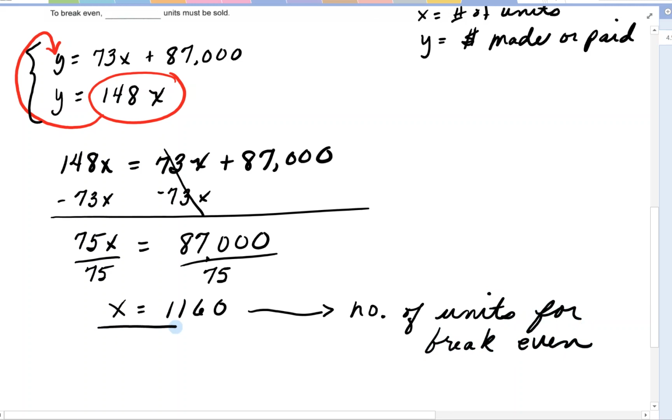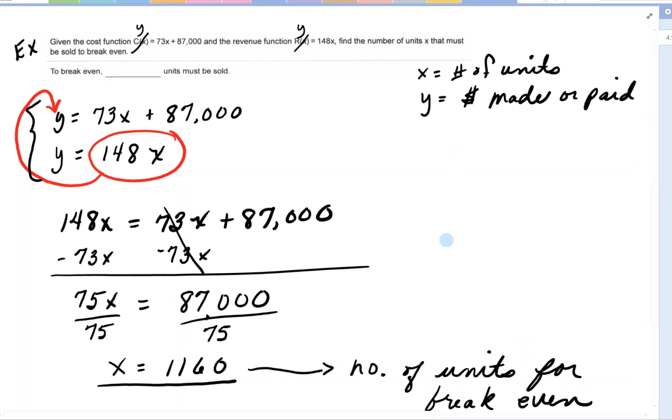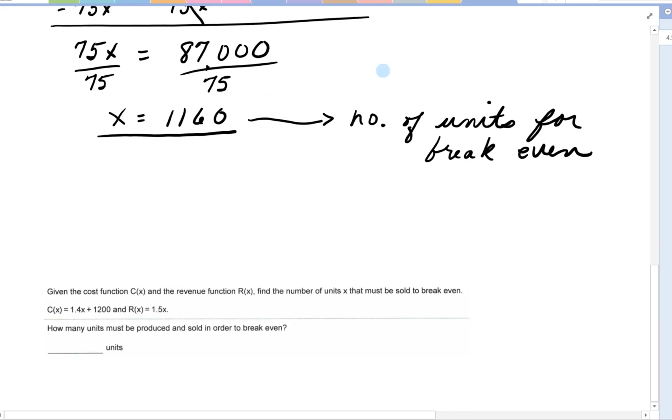When that's all the question asks for, you do not have to go on and find y. Y would be the amount of money associated with that, but that is not part of the question, so all we'll do is get 1160 units must be sold.